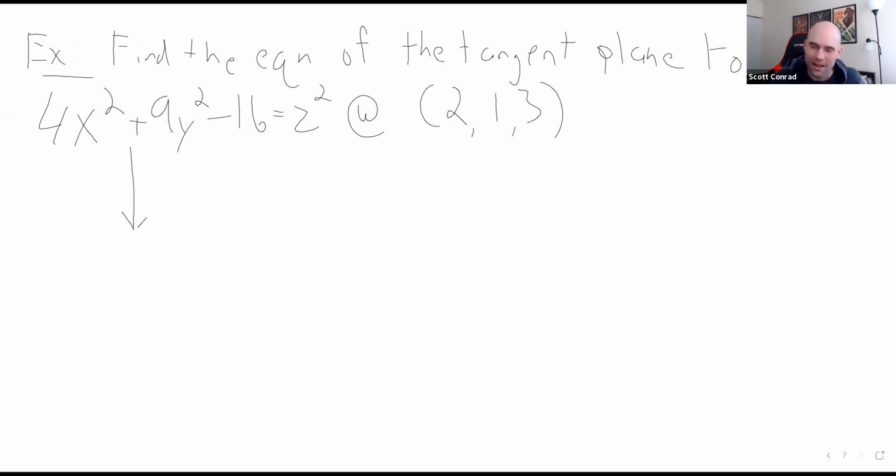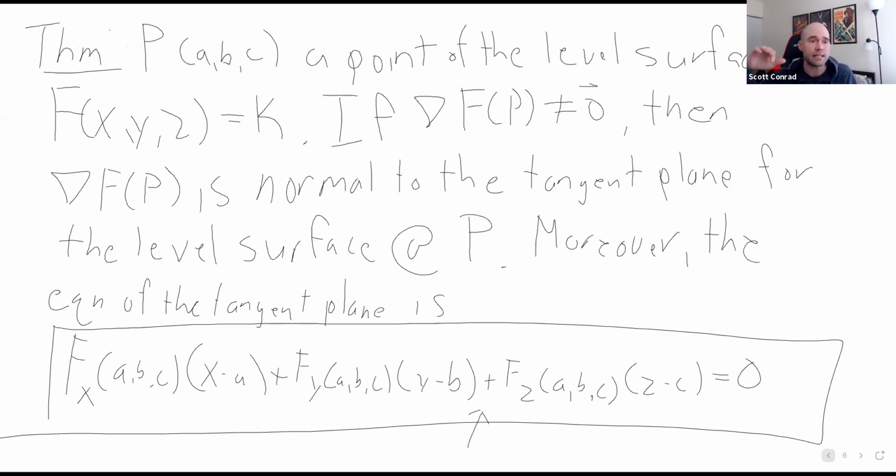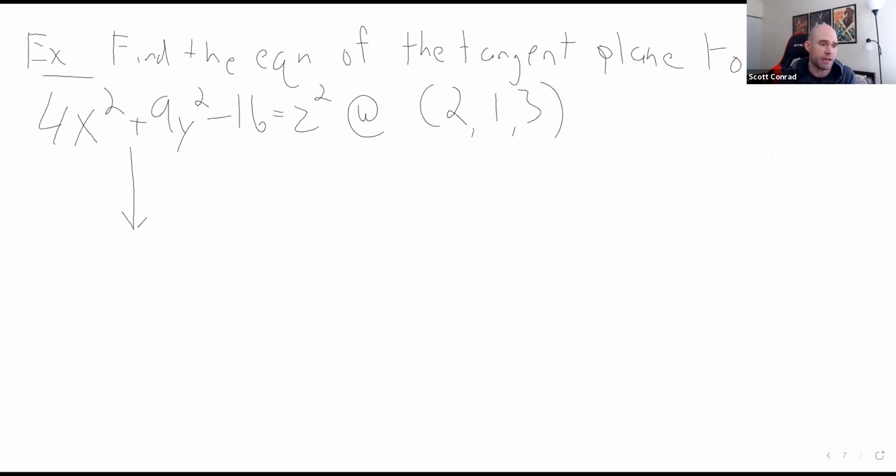All right. So first thing we need to do is, in order to use this formula, we need to write this surface as the level surface of some function of 3 variables. So we need to get everything on one side, essentially. You can get everything but constants on one side. It won't actually make a difference. But let's just move everything over to one side and set it equal to 0.